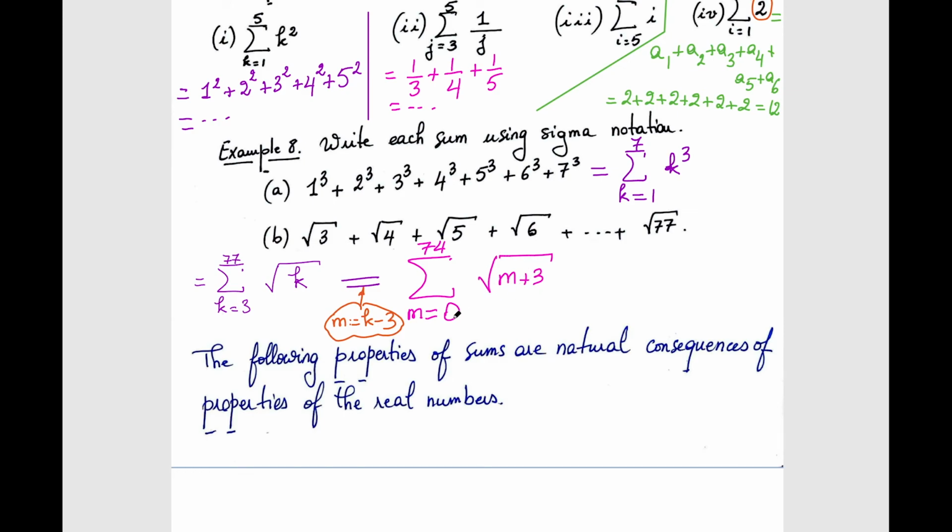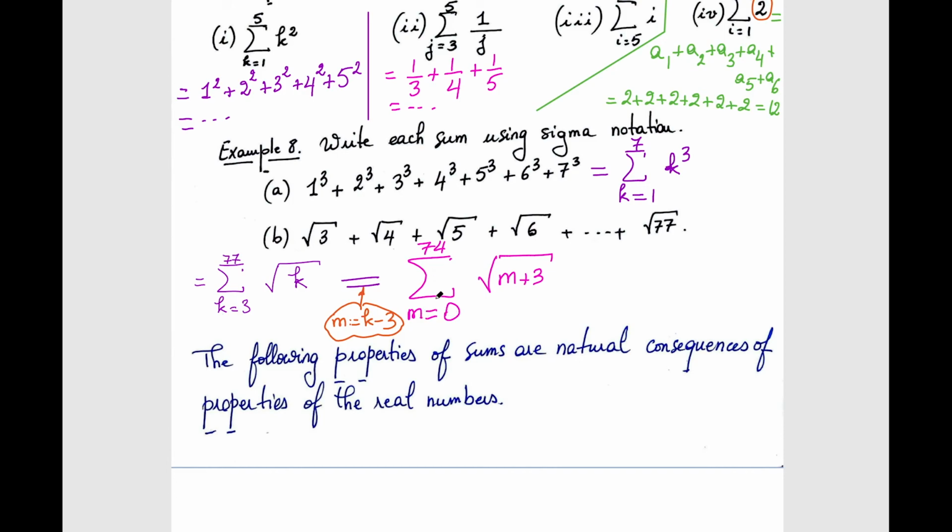When m is 0, I get square root of 0 plus 3. And what's square root of 0 plus 3? Square root of 3. So we get back this. What's the next term? When m is 1. Remember, m goes from 0 to 74 with an increment of 1 each time, right? It's just visiting all the integers from 0 to 74.